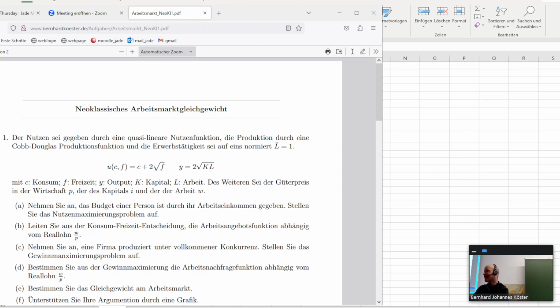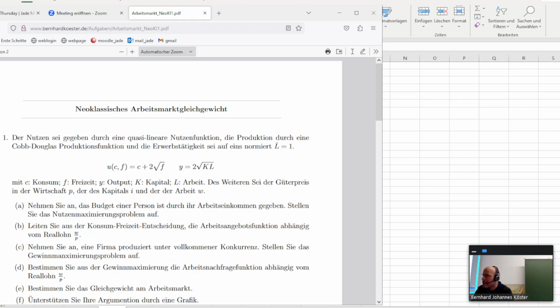So you don't have to learn this theoretical part. But what I want you to know is that you can qualitatively, as we did in the lecture, explain where demand and supply of labor come from.